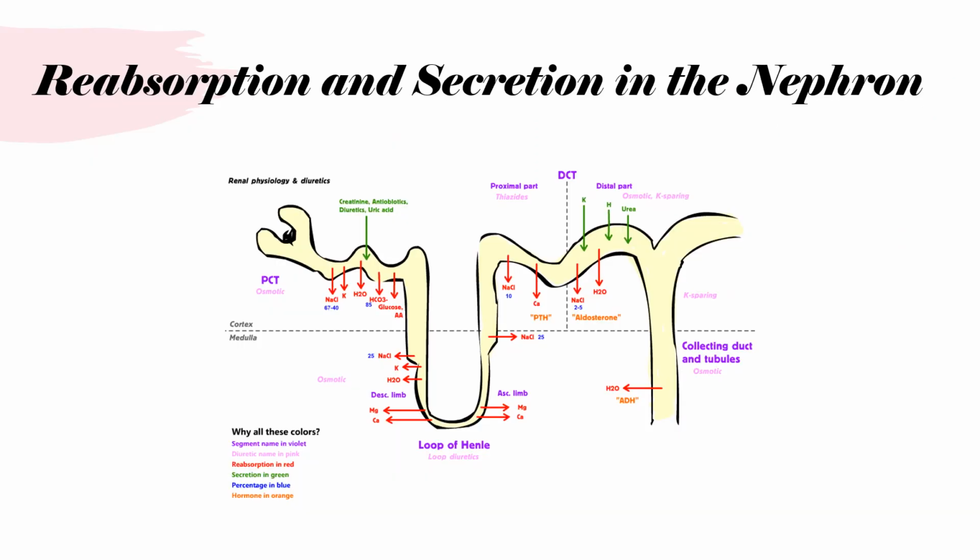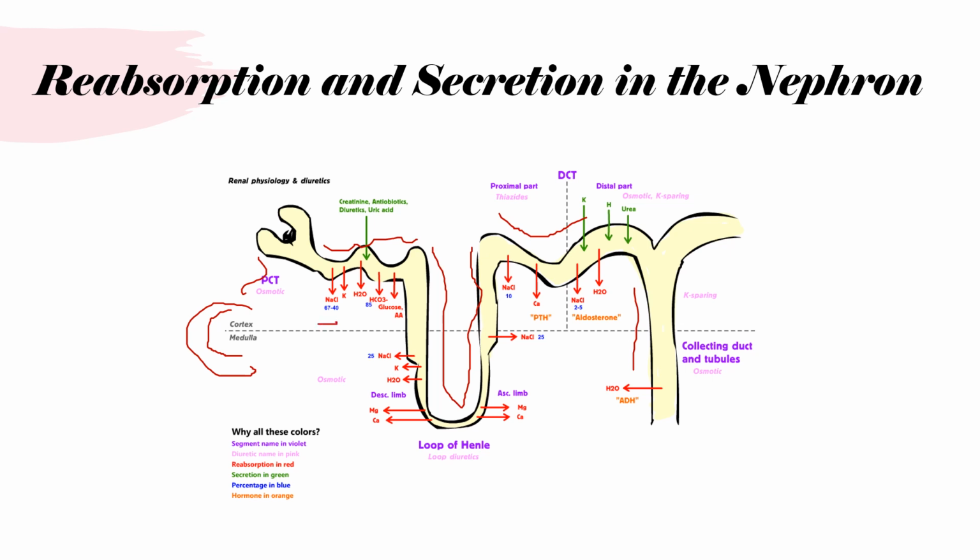This is a good visual to look at the differences between the reabsorption and secretion taking place. Big note here, remember we are looking at the cortex and the medulla, and we have our PCT here. We then come down through here, and then we have our loop of Henle. Remember those different sizes and shapes of those cells and how they take place. And then you have your DCT and then out your collecting duct.